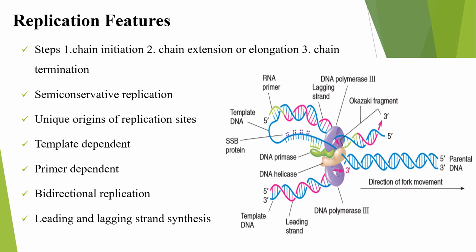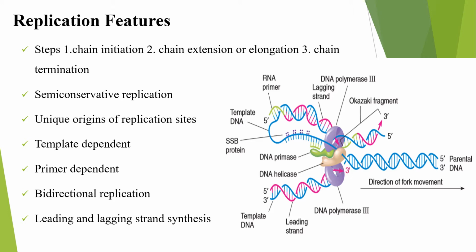The template is the parental strands. Both the strands act as a template and synthesize the new strand. Without the existing strand, we cannot synthesize the new strands in vivo. Then the primers provide the free 3' OH group, which is the main requirement for the enzyme DNA polymerase.